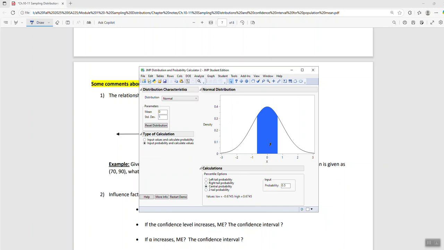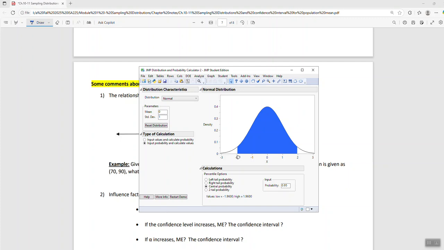We want to make sure the probability in the middle is our confidence level. For example, I am 95% confident that the population mean will fall in this interval. So what is the middle probability? First we choose the central probability, and the central probability is 0.95 because we have a 95% confidence interval. Then enter.